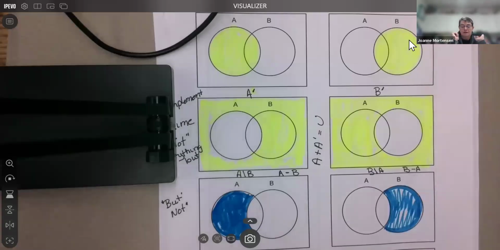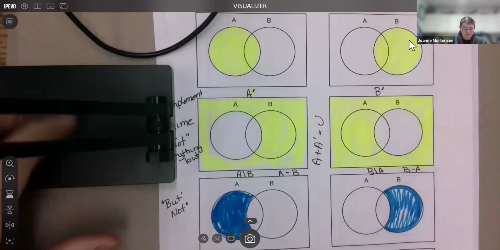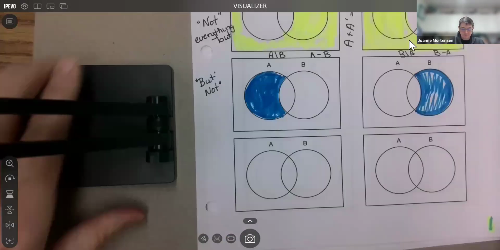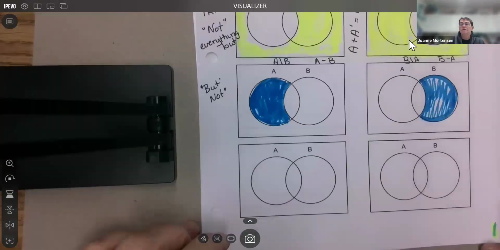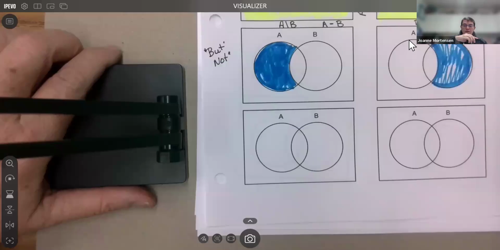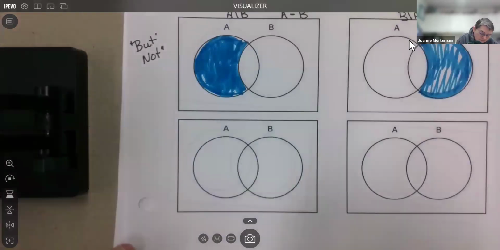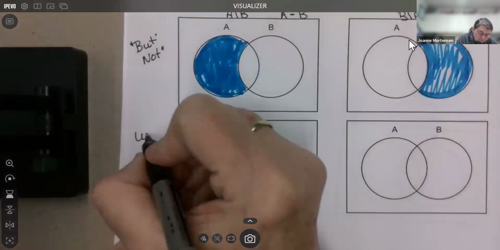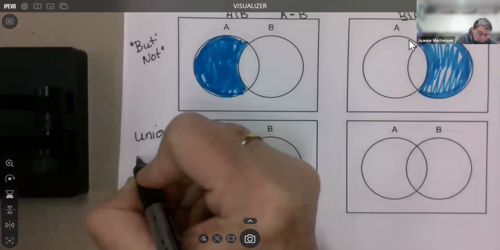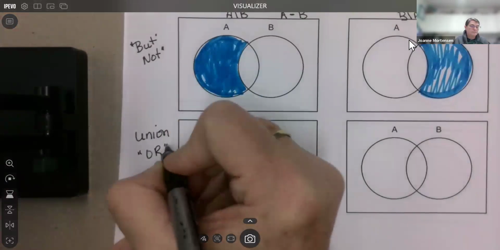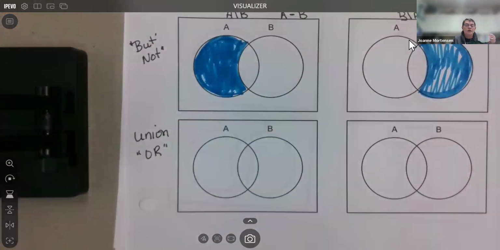Speaking of which, let's talk about union. The best word to think about for union is "or."